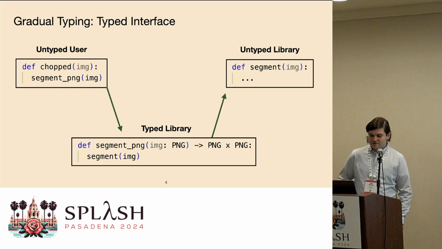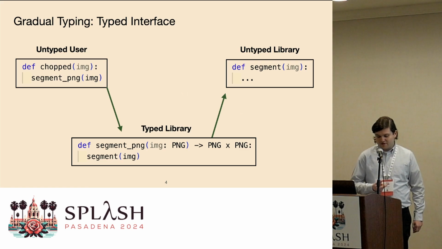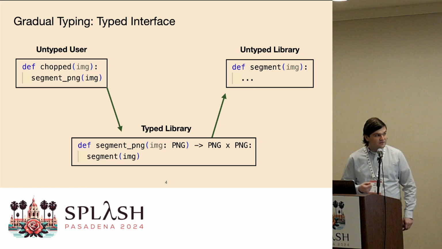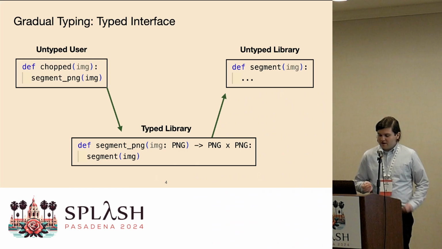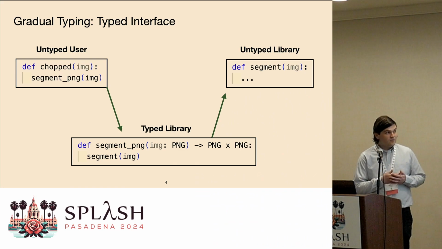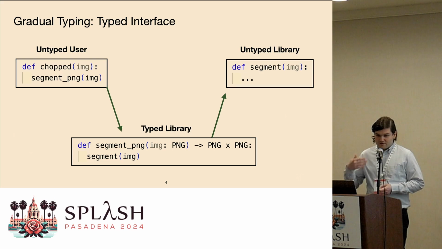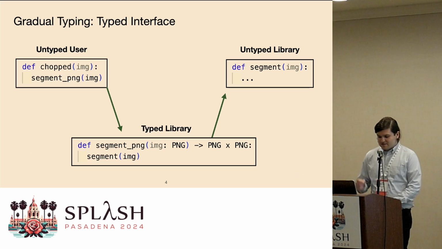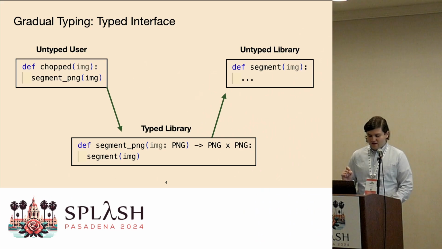So here, this untyped user is calling a function, a segment PNG function from a typed library, but they don't necessarily know. But the library designers decided we're going to add types to this later, and instead just call an untyped segment function.